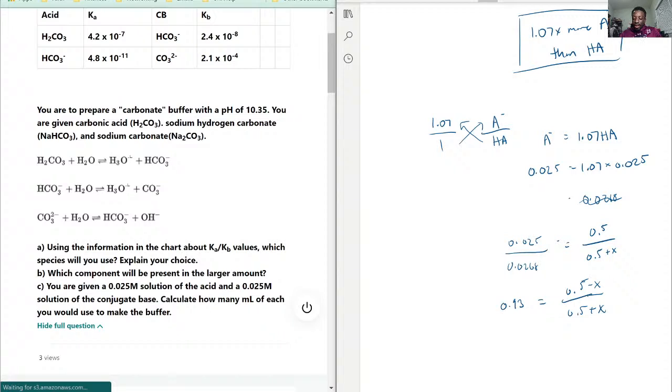So with that being said, 0.93, multiply that by the 0.5, so that's 0.46 plus 0.93x is equal to 0.5 minus x.